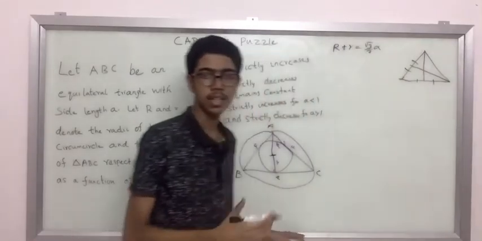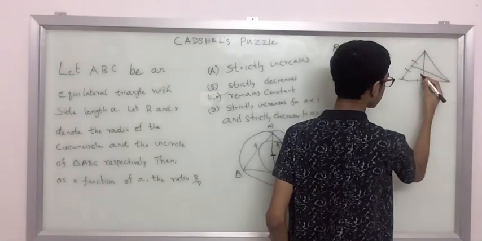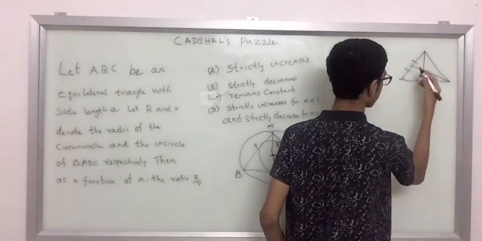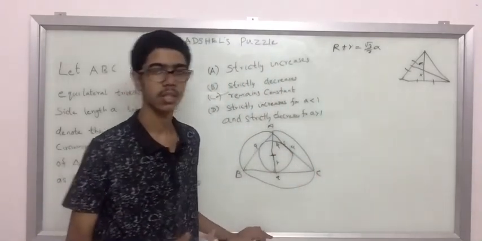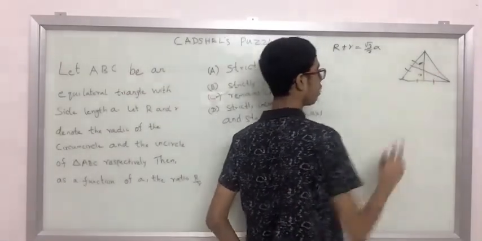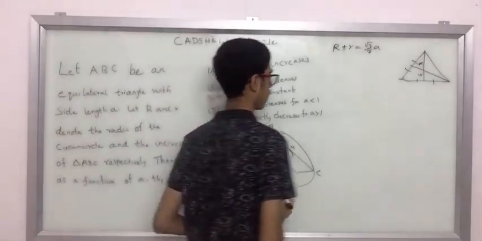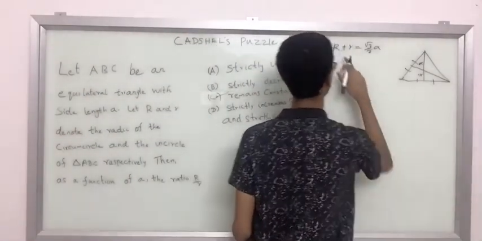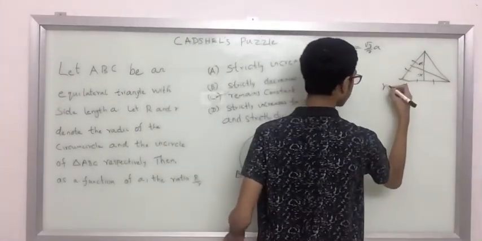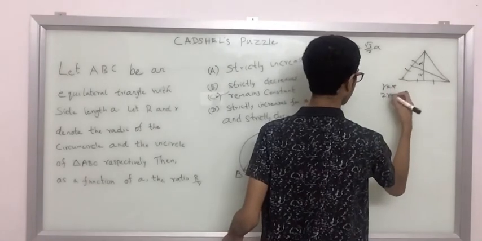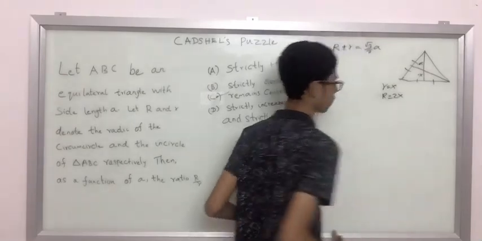Then what is happening is, if this is x, this is 2x. If this is x, this is 2x, the same thing. So I'll keep that small r is equal to x, and capital R is equal to 2x.